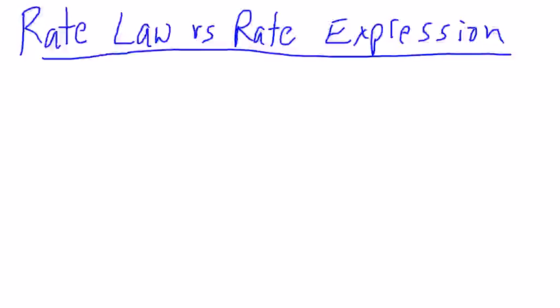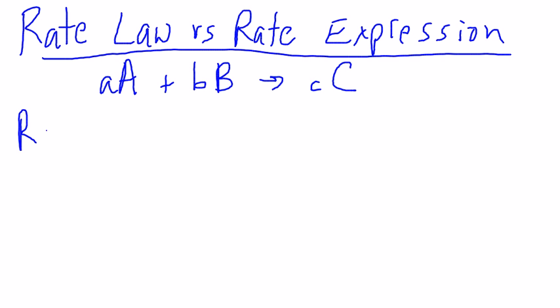Hey guys, this video is for you to help you distinguish between the rate law and the rate expression. In a previous video, we talked about the rate expression. Let's just take a generic reaction like this. We can write the rate expression: rate is equal to minus 1 over lowercase a times the change in A's concentration over time.